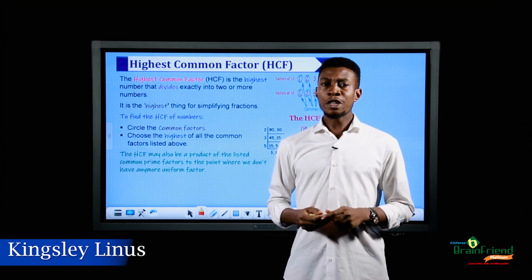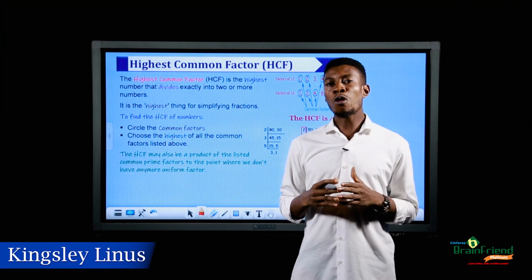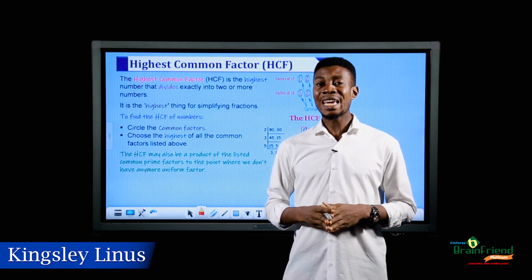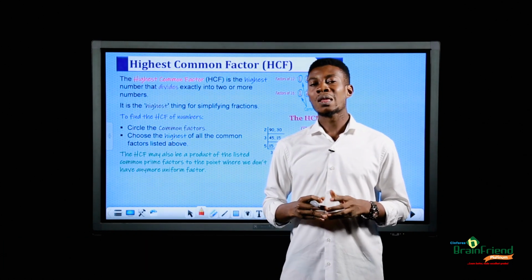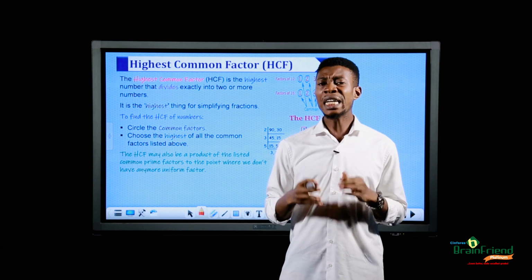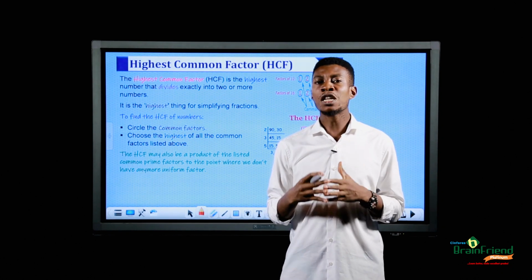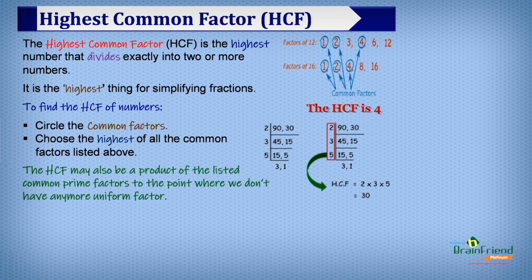For the purpose of definition, highest common factor or HCF is the highest number that divides exactly into 2 given numbers. Finding HCF of numbers is quite easy. The first thing to do is to list the factors, and then we circle the common factors in the lists we've had.